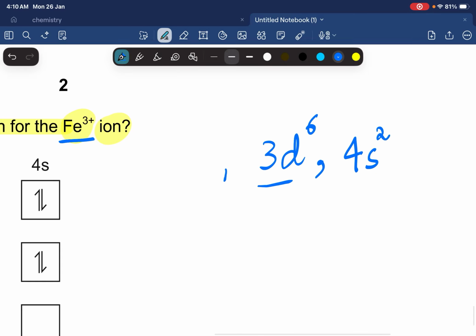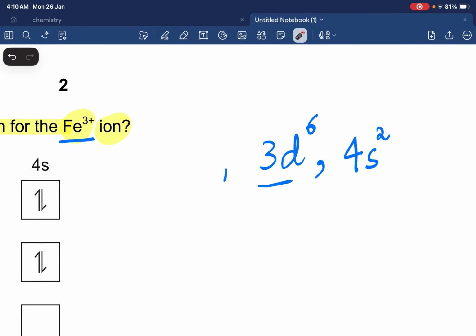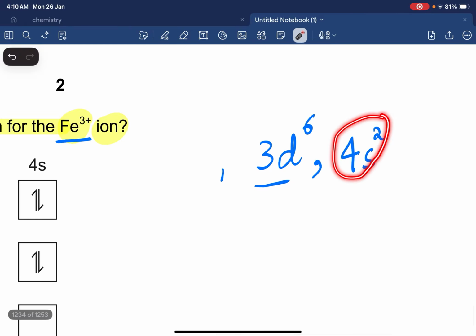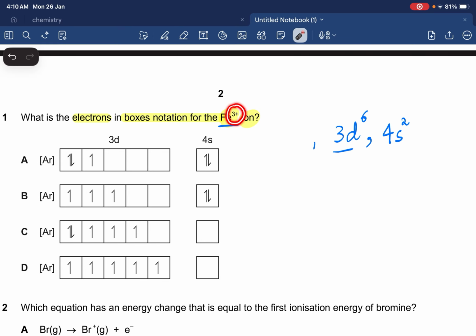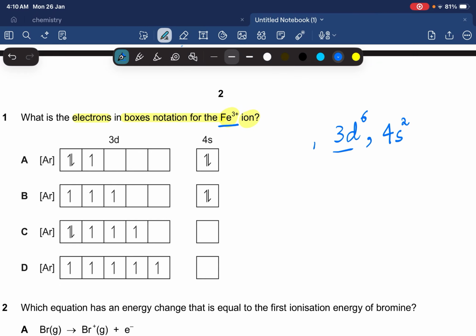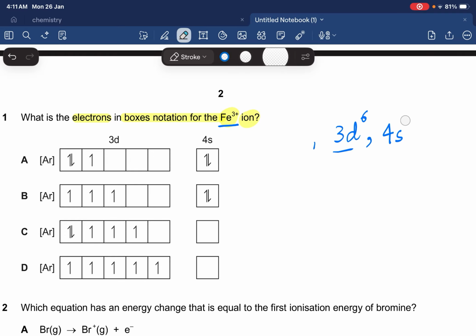So when we have to take out electrons, we're going to take out electrons first from the 4s and then we're going to take out from the 3d. So 4s has more energy, so we're going to take out electrons from the 4s first. We have to take out 3 electrons because it's 3+. So the first 2 electrons we're going to remove from 4s and then 1 electron from the 3d.